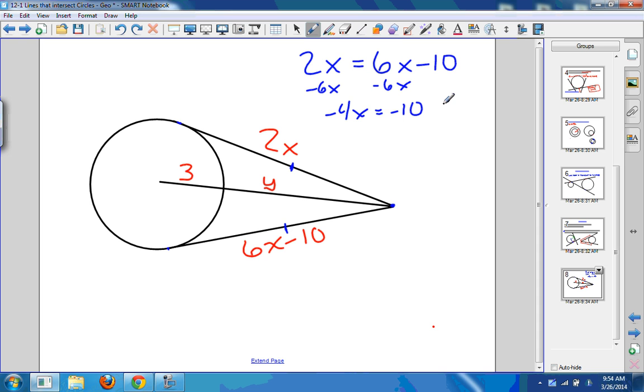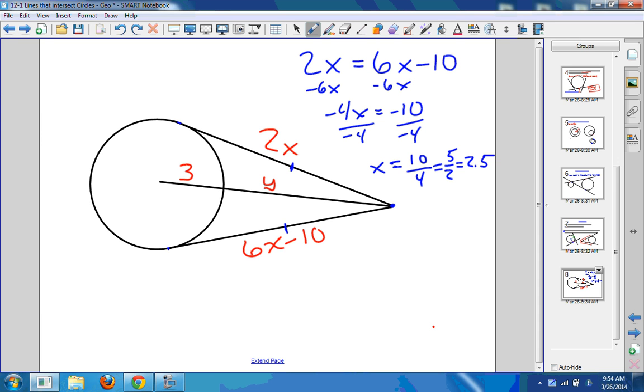All right, so now if I divide by negative 4, I get x is equal to positive 10 over 4, right? Which we could simplify to 5 halves, which we could simplify to 2.5. All right, so we know x is equal to 2.5, yeah?